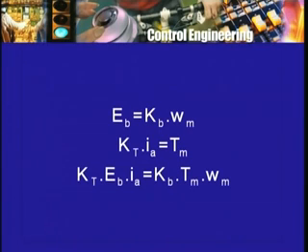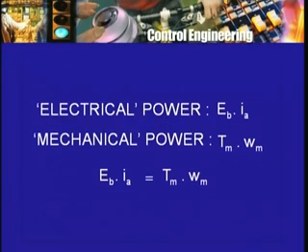Now what do the two sides of this equation mean? Kt and Kb are coefficients, Eb is EMF or voltage, Ia is current, so the product can be thought of as electric power, volt amperes. One volt and one ampere will give rise to an electric power, in this case DC power, of one watt.